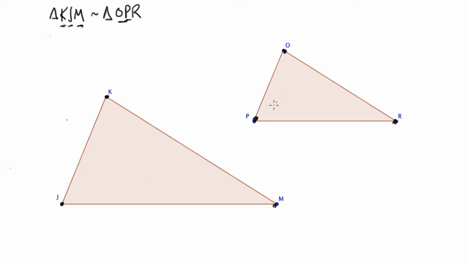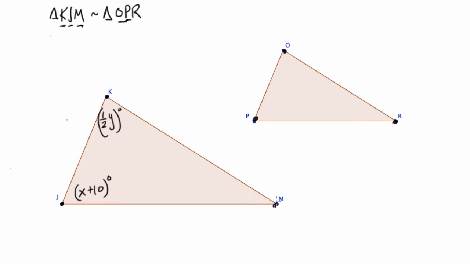And also the side lengths are proportional, so although they might not be the same length, the ratio between them is equivalent. So in this problem, they give us measurements for the angles as expressions. They tell us that this angle K is 1/2 y degrees, and for J, they tell us it's x plus 10 degrees.